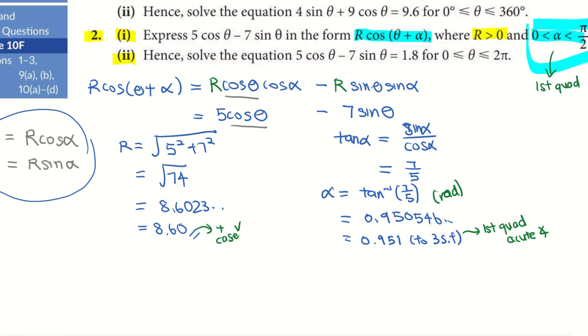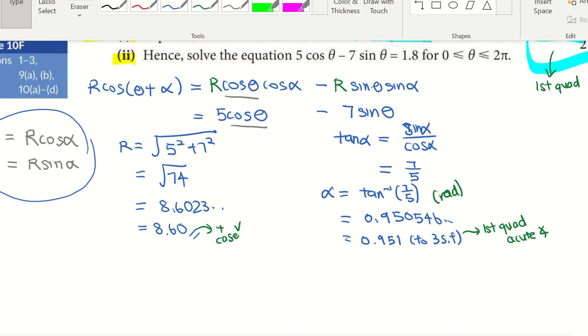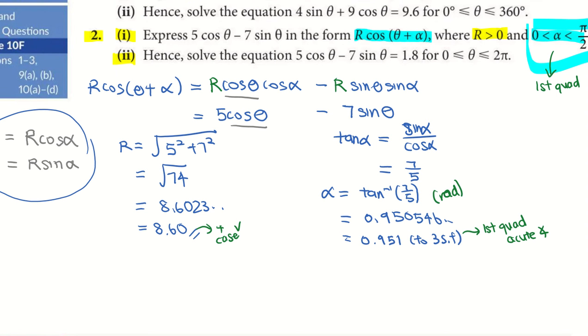The last step is we will rewrite the 5 cosine theta minus 7 sine theta. If I want to round off to 3 significant figures, I sub in R, sub in alpha, and then I'm done.